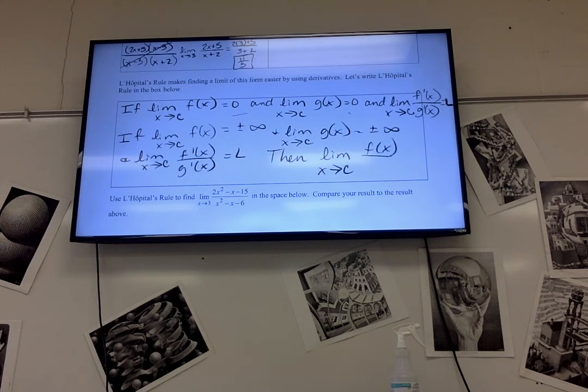Then the limit as x approaches c of f prime of x over g prime of x equals L. I think I got it.